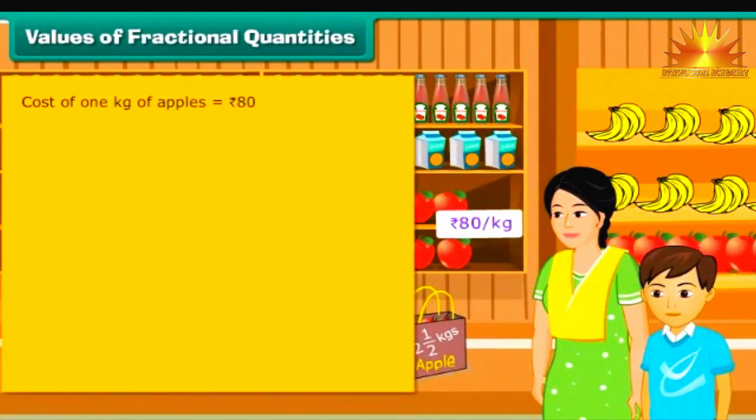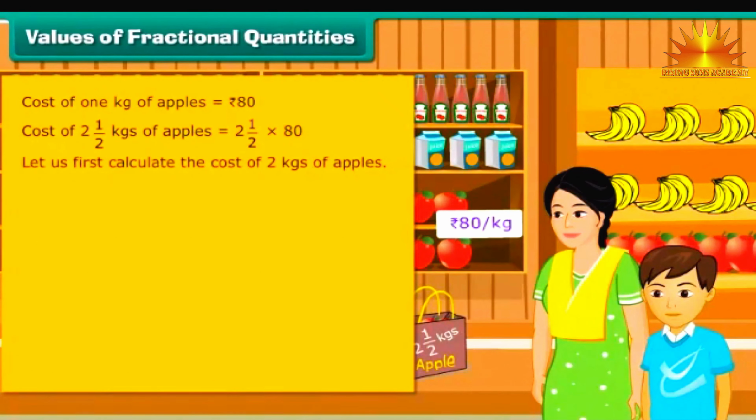Cost of 1 kg of apples is Rs 80. Cost of 2.5 kgs of apples is equal to 2.5 multiplied by 80.